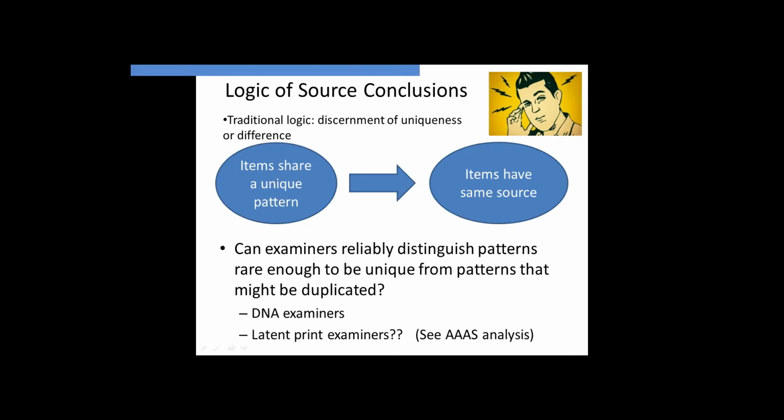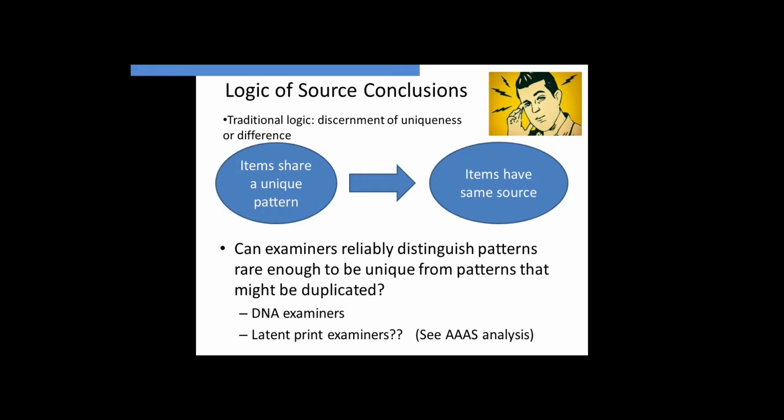Interesting commentary on this in the recent AAAS report on latent print analysis, arguing that in order for latent print examiners to determine that a latent print pattern was unique among all human fingers, the pattern would have to occur at a rate of well under 1 in 100 billion.